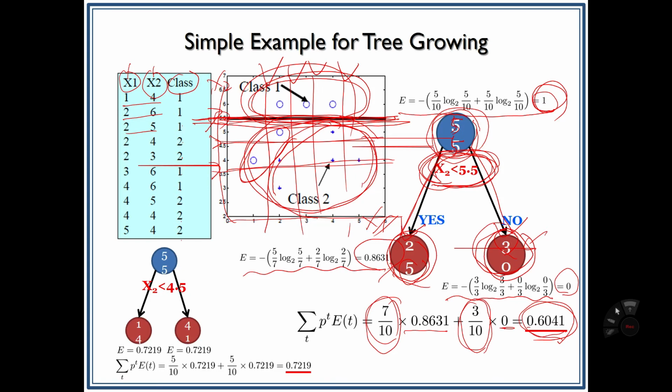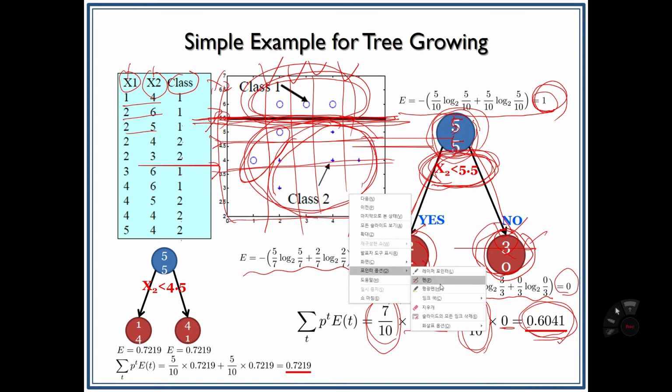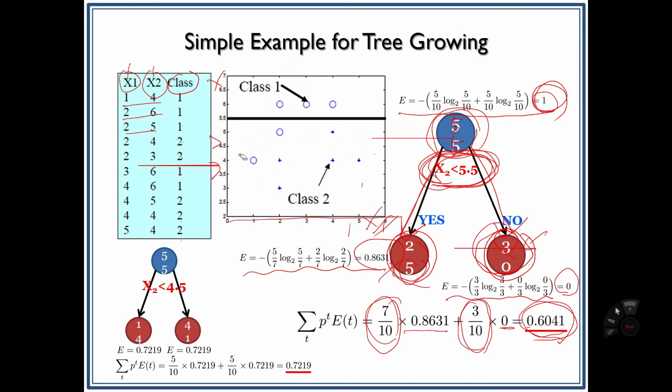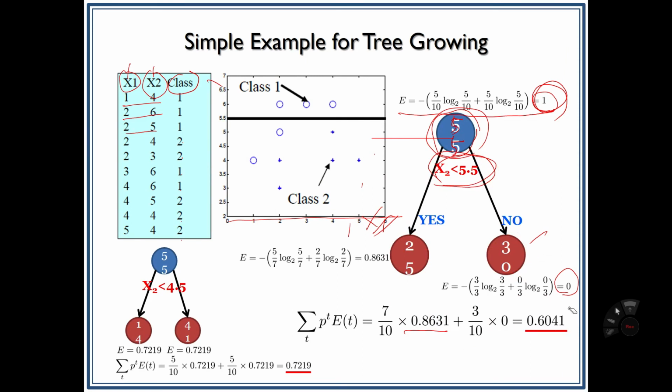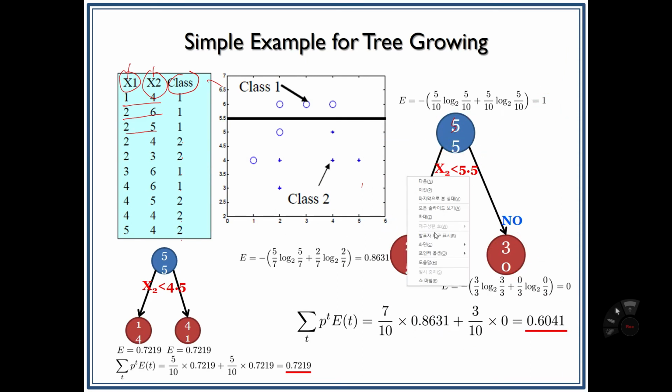So for example, let's test another split, which is this one. Then the yes/no question becomes: is x2 less than 4.5?